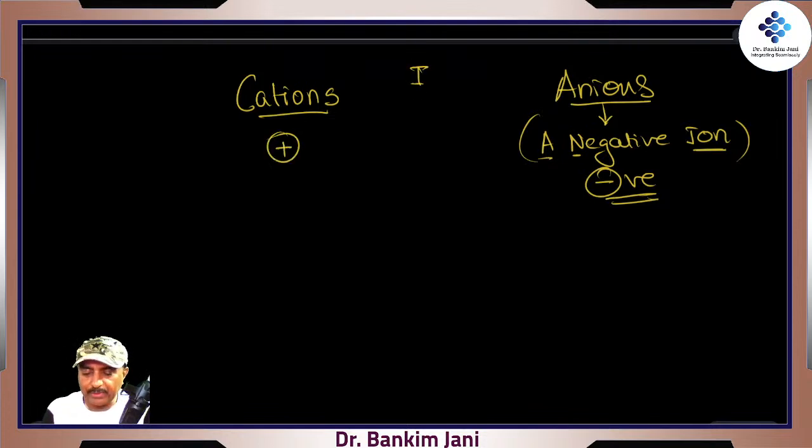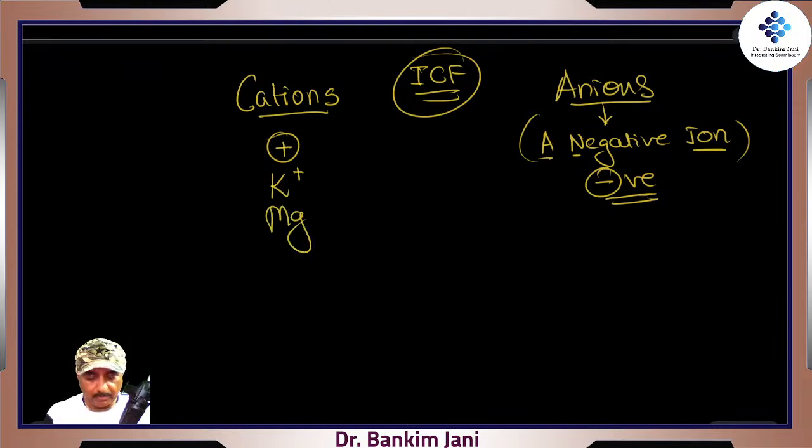If we talk about intracellular fluid, the cations, that means positive, are, say, potassium, magnesium. We won't be discussing the sodium potassium pump etc. today, right? That will take next week.